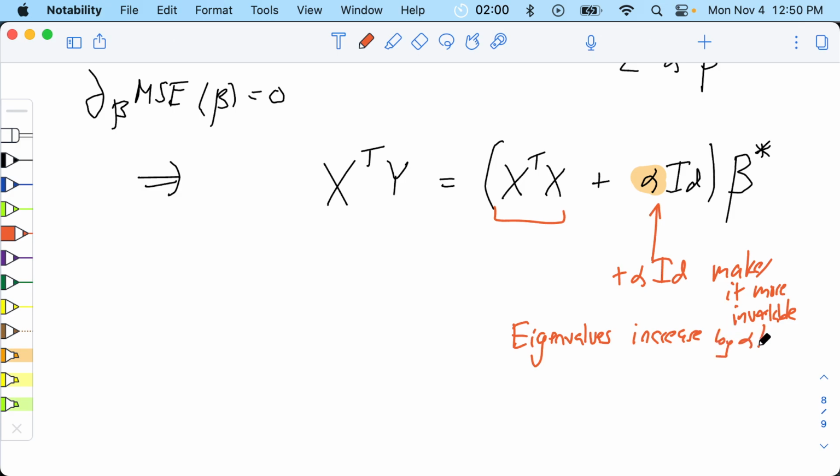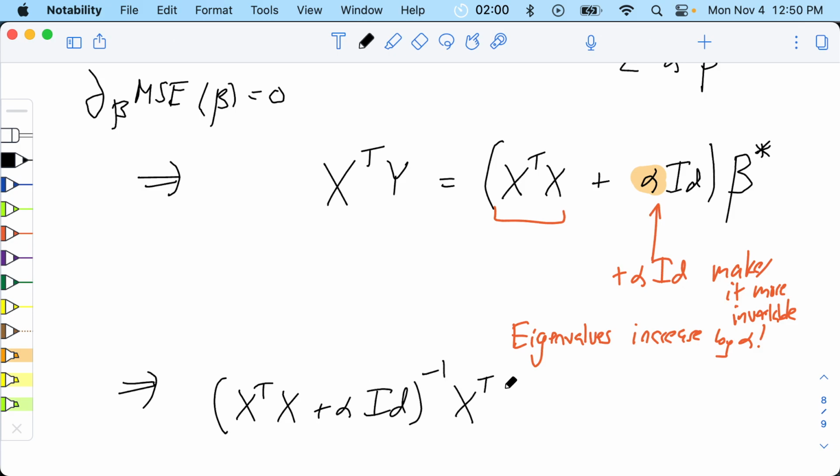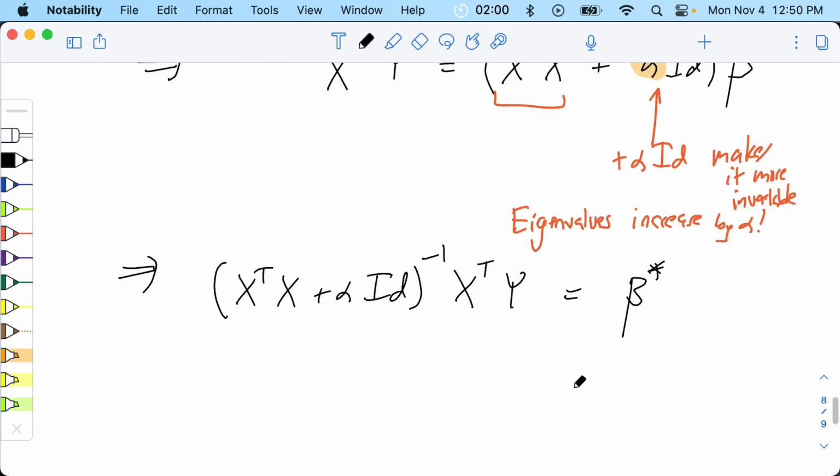So when you get the final answer, you multiply by the inverse. You get X transpose X plus alpha times the identity, inverse, times X transpose Y, is the value for beta star. And the bigger alpha is, the more invertible this matrix is, and the easier it is to invert. If this thing has eigenvalues that are close to 0, those are the bad directions where you have these long values.